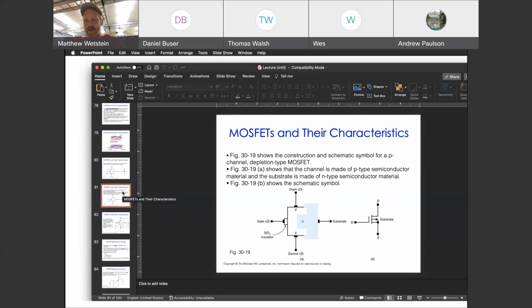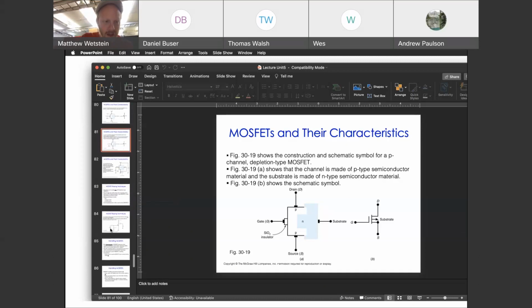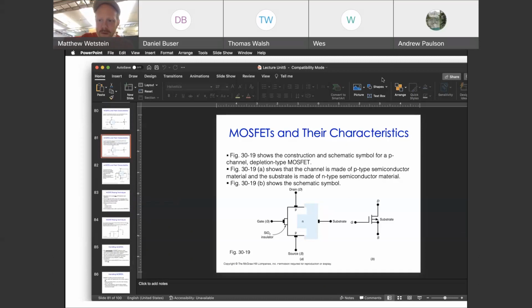Without any gate voltage, this kind of MOSFET will allow some current to pass through, but I can either make it more current or I can decrease it. So this is a P-channel depletion type. This is a D MOSFET, it's called, a depletion type, because you can both enhance and deplete.